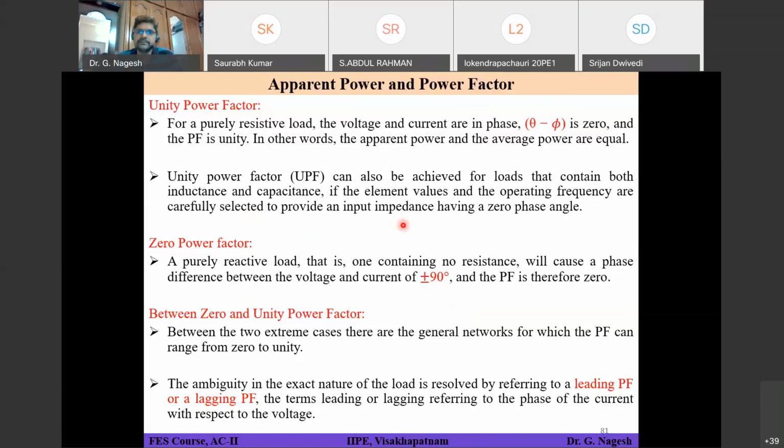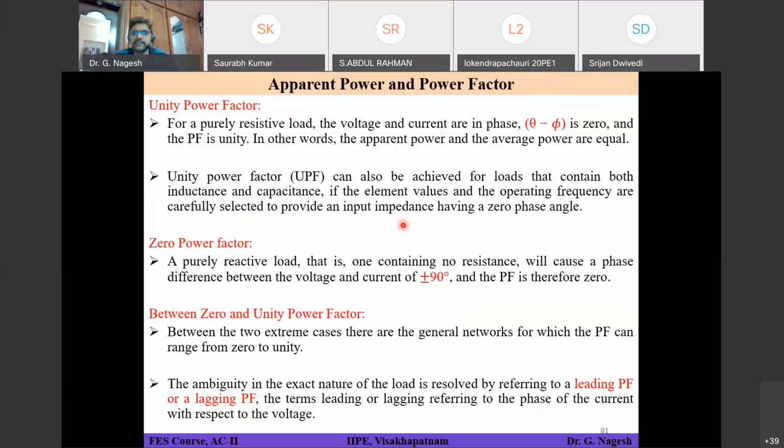Even though the circuit is a combination of R, L and C, if the L value and C value are such that the inductive reactance and capacitive reactance are equal, that means XL equals XC, then your impedance R plus j into (XL minus XC) has its imaginary term become 0, and the net impedance has only resistance.